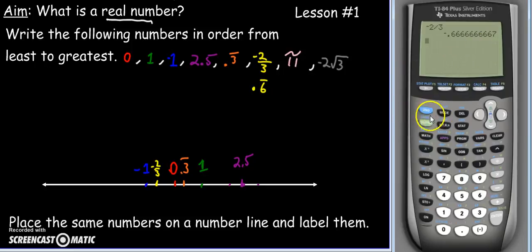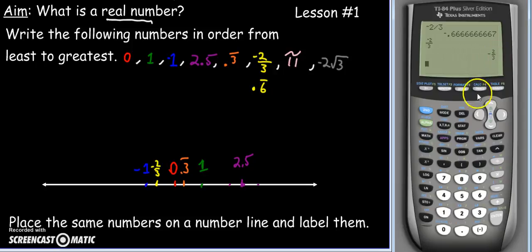Now some calculators work with fractions, so does this one. If we press alpha, y equals, we get fraction mode. See this fraction area here? N over d is numerator over denominator. We can enter a fraction that we have here, so that's -2/3. And if you want to turn that into a decimal, well, I'm going to press enter to lock it in as an answer, or the previous answer.